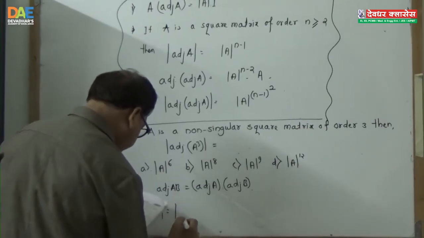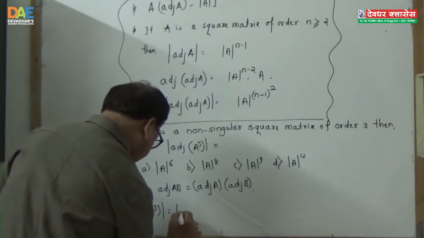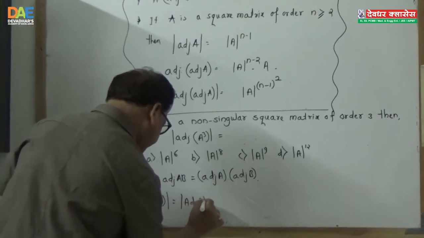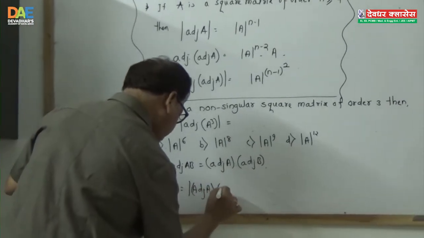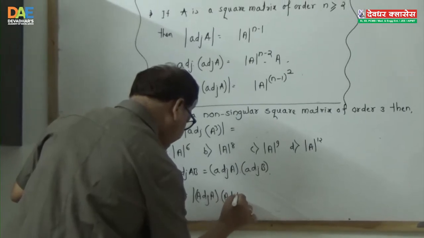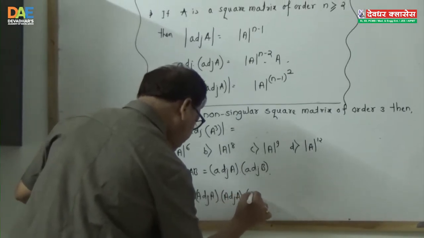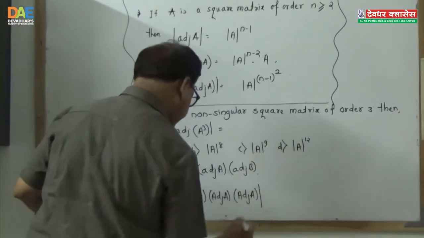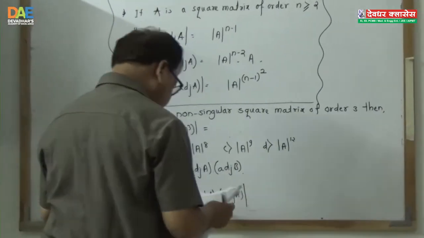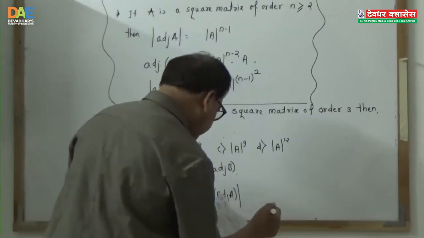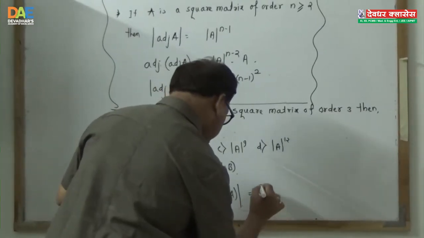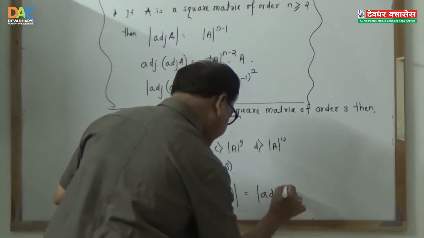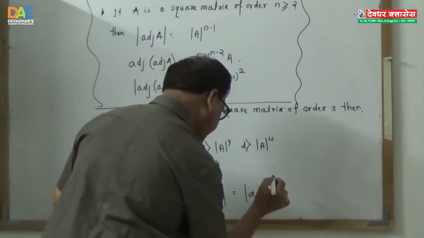Mod of adjoint of A cube is equal to mod of adjoint A into adjoint A into adjoint A, that is the determinant, and that is equal to mod of adjoint A raised to 3.